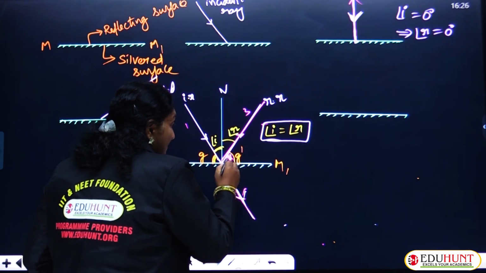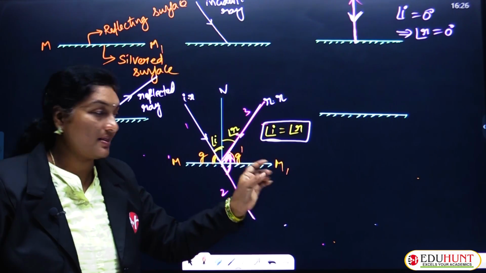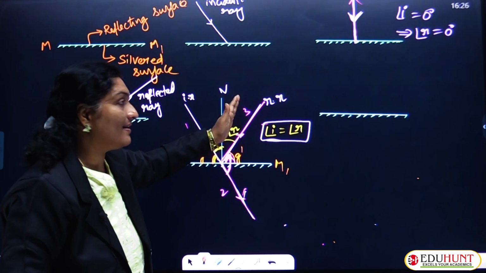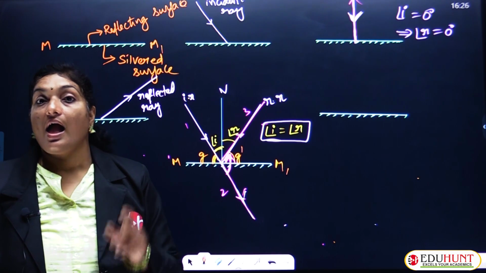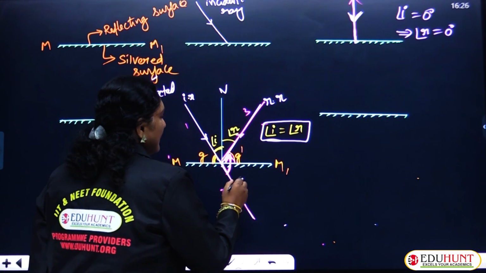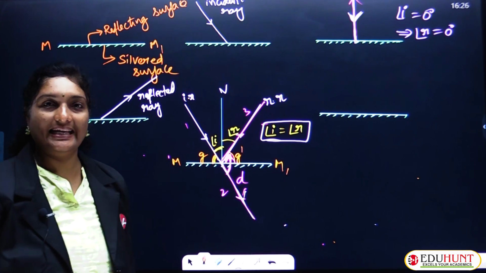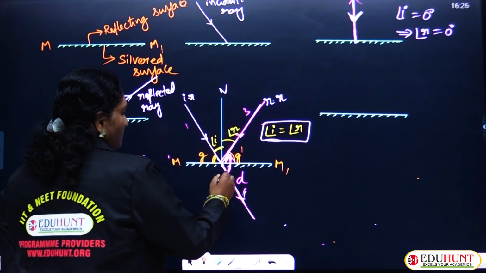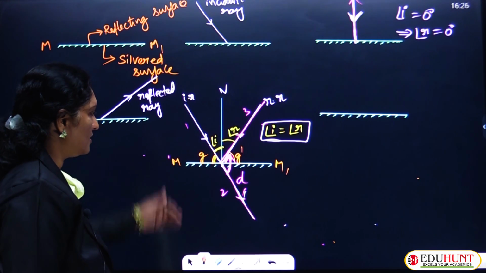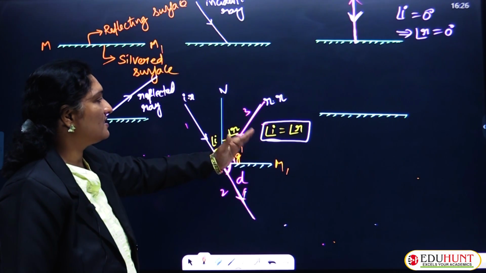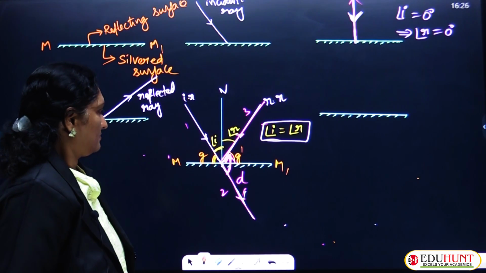So, the angle through which the incident light ray is deviated, whatever that angle is, is called your angle of deviation, generally indicated with the letter D or delta. For the time being, let us indicate it with D only. Okay, this portion is called the angle of deviation. Instead of going straight ahead, it deviated its path and is going in the reflected region. Clear?